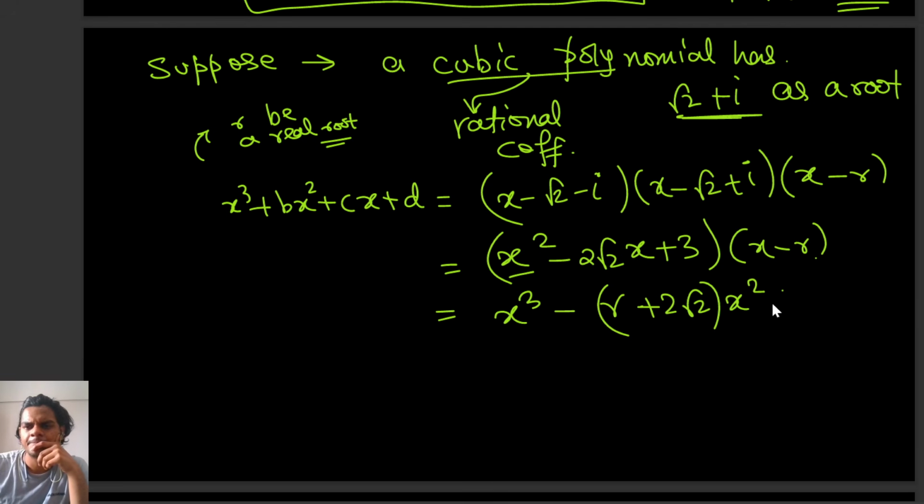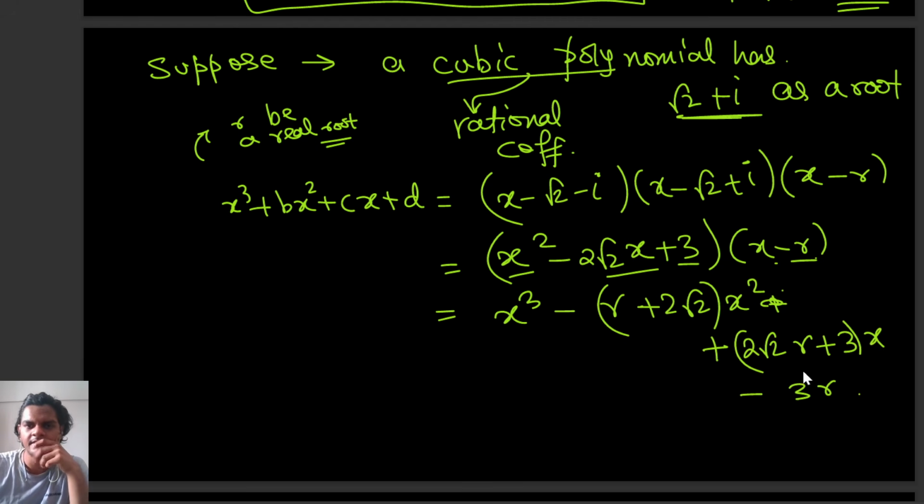And what's the coefficient of x? The coefficient of x will be, so suppose I multiply these two, so I'll get plus 2 root 2 r, and suppose I multiply these two, so I'll get plus 3 into x, and the last term would be minus 3r, right?